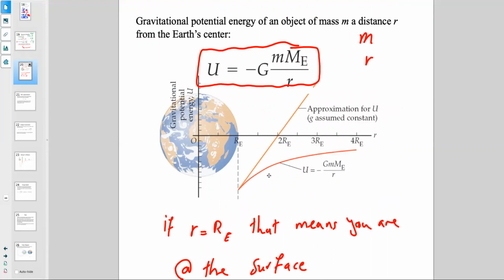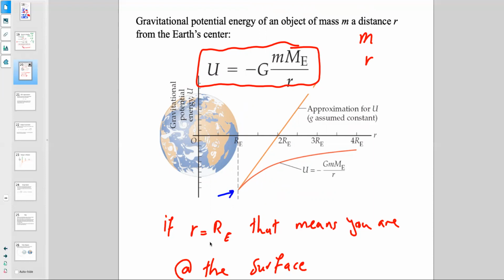But if you're going really far away, all the way up, then this would be the true value for gravitational potential energy. It's not U equals mgh anymore. It is negative G m M_E over r. But very close to the Earth's surface, these two will meet at some point around here.